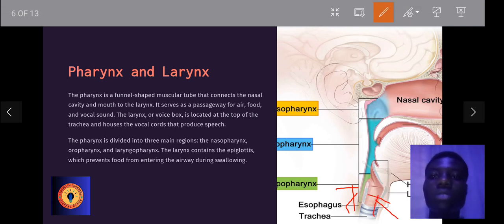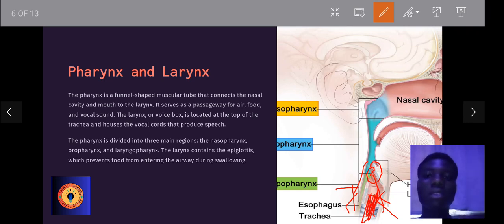Can you imagine when we are swallowing something, it can either go here or go here. So the larynx has something here which we call the epiglottis, which prevents food from entering the air passage, which is called the trachea.